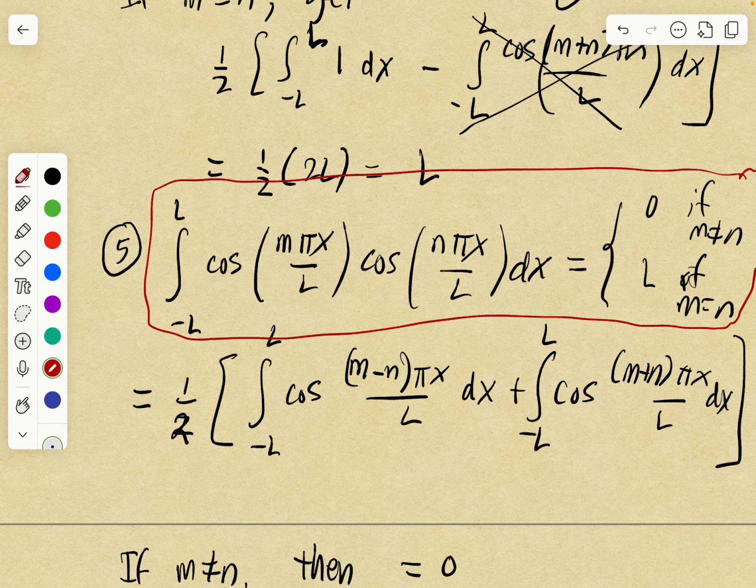So these are the basic trig facts, and they'll be used in calculating the Fourier coefficients, which we'll talk about in the next video.